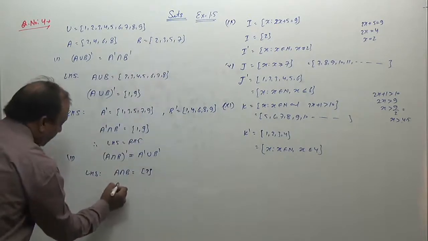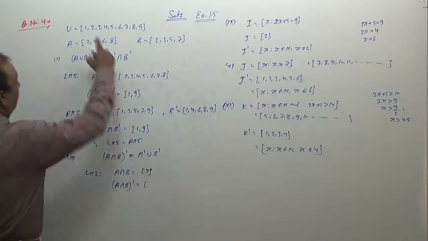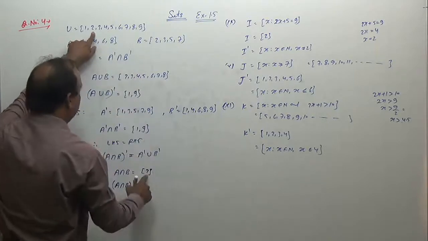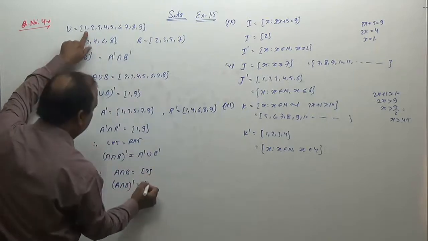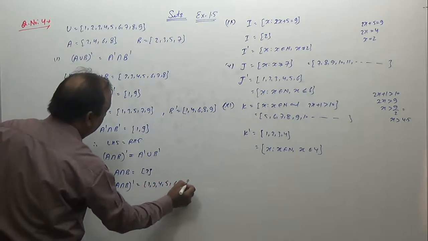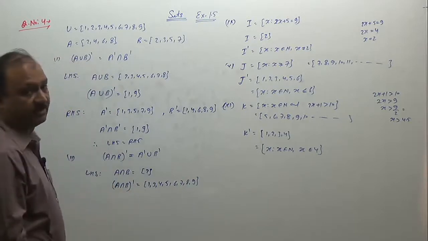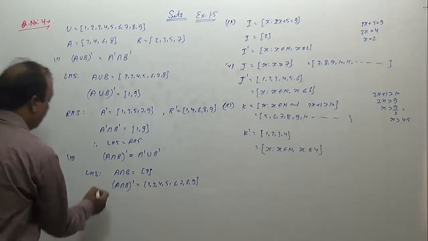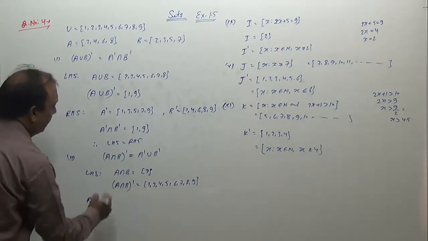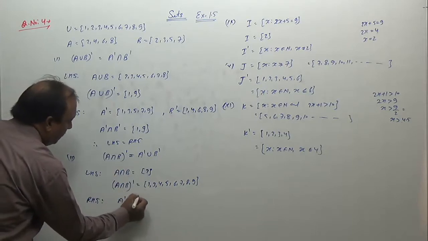Now, what is A intersection B complement? The elements of the universal set which do not include 2, so 1, 3, 4, 5, 6, 7, 8, 9 form the A intersection B complement. Next, right hand side. To find the right hand side, we know that A complement union B complement.